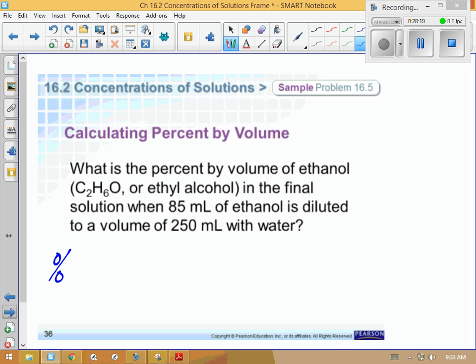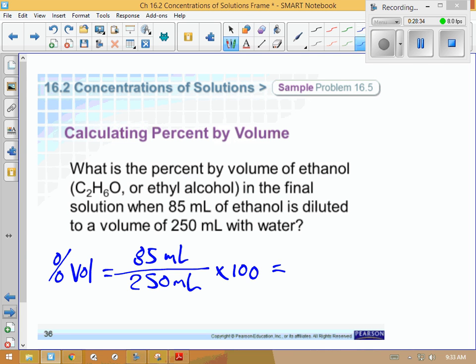Percent by volume equals part, which is 85 milliliters, over whole, 250 milliliters, times 100 equals, and I'm going to need my calculator for that. 85 divided by 250, 0.34, there we go.